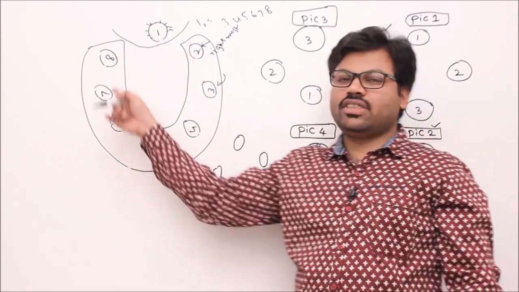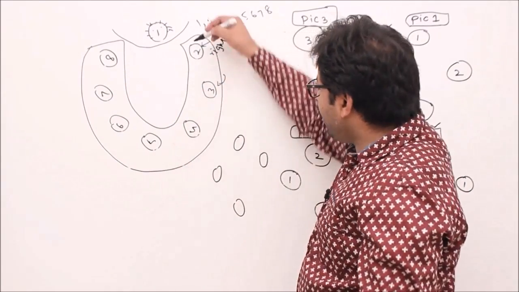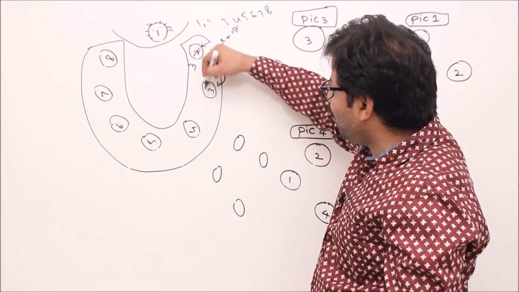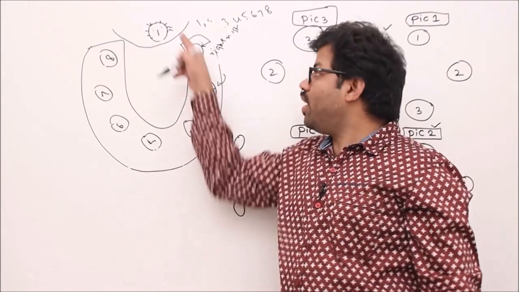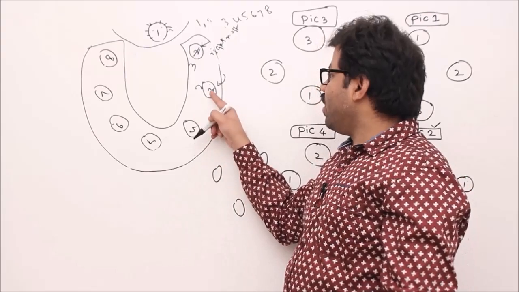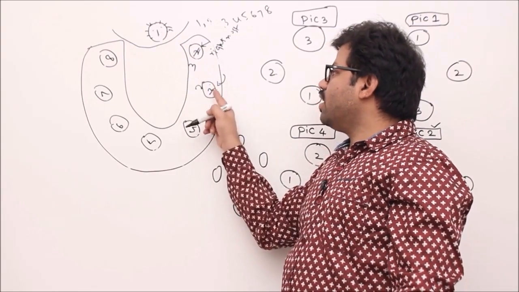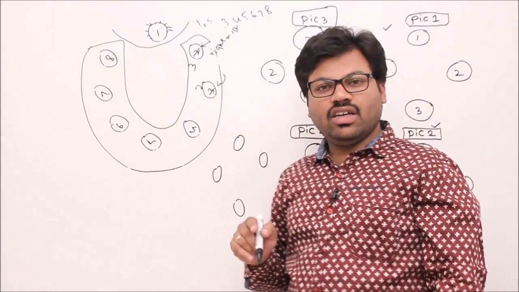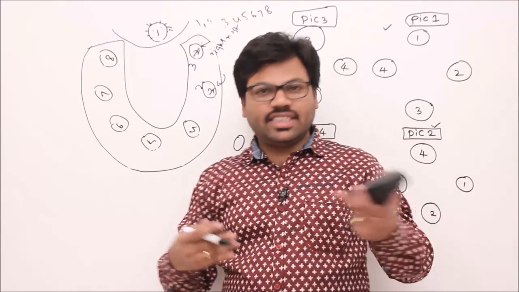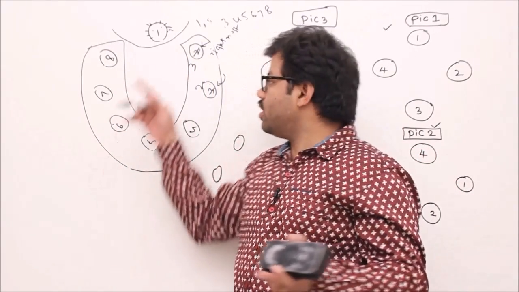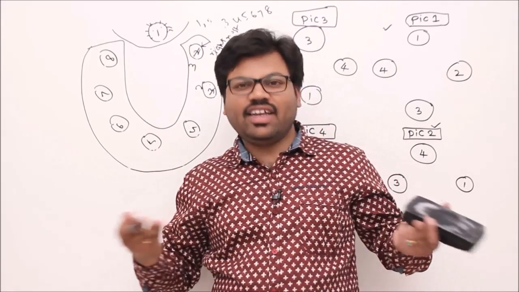So all these positions are different. Writing 2, 3 is different from 3, 2. Why? Because in the previous arrangement 2 was immediately after 1. Now in this arrangement 2 is in the second position after 1. Right? That's why these positions automatically become distinguishable. Whenever all the positions are distinguishable, they are like linear.